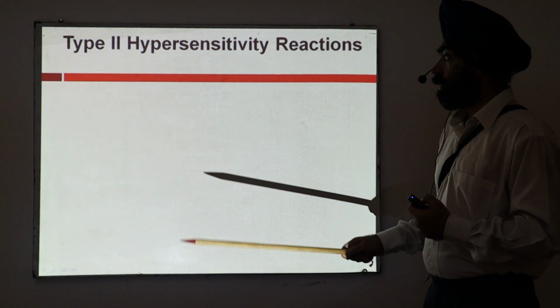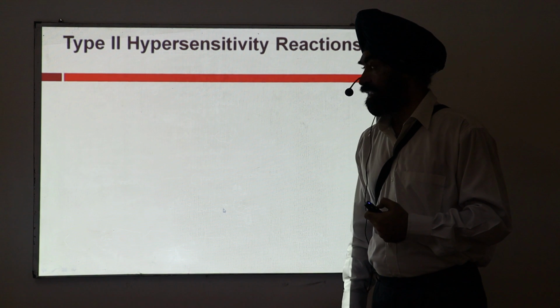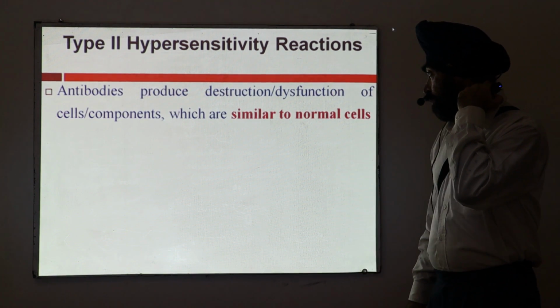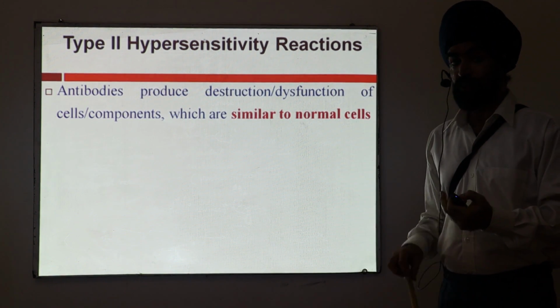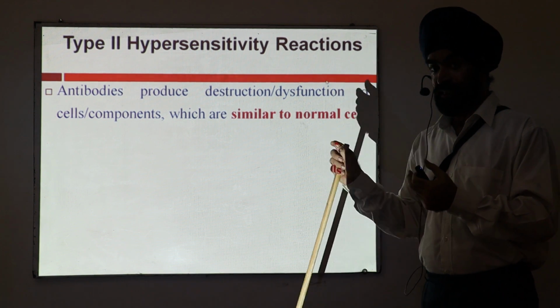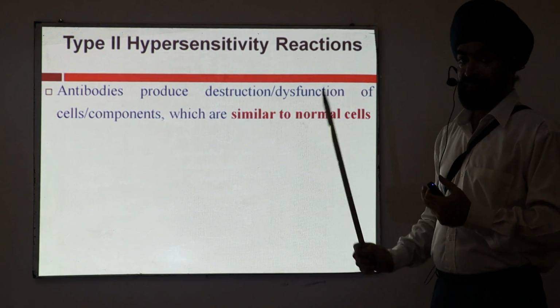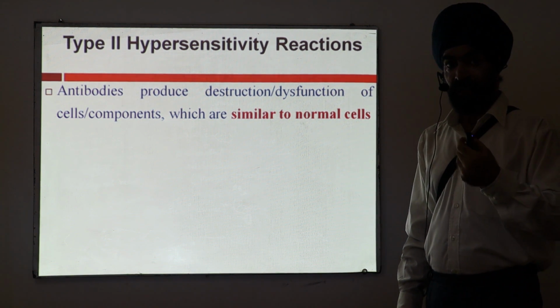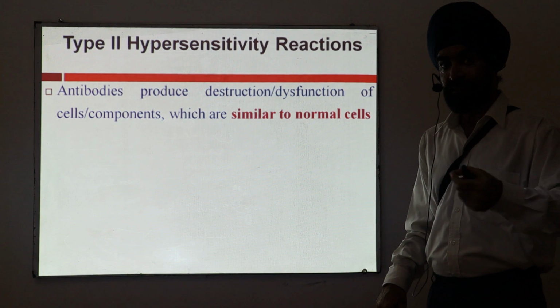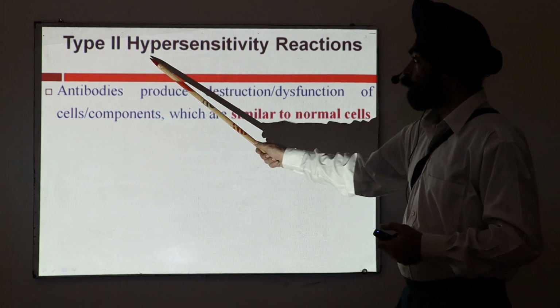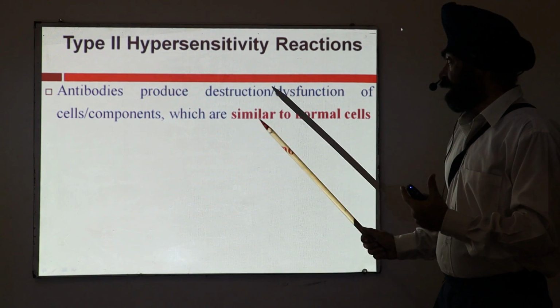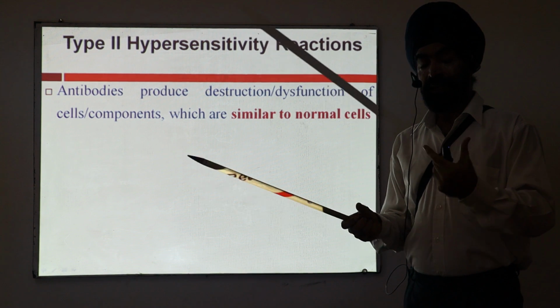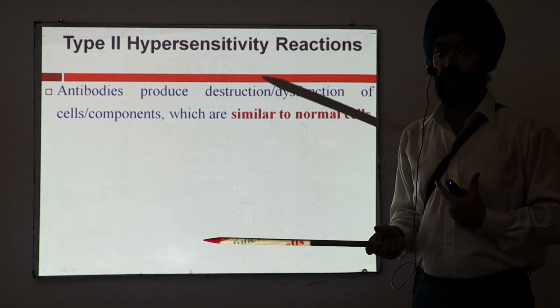Now I will discuss type 2 hypersensitivity reactions. What is the characteristic feature? You have to identify the typical characteristic features of all these hypersensitivities. As I told, in type 1 there is IgE and mast cells, the coating of mast cells with IgE. In this type 2, you have to remember that the antigens are very similar to the normal cells.